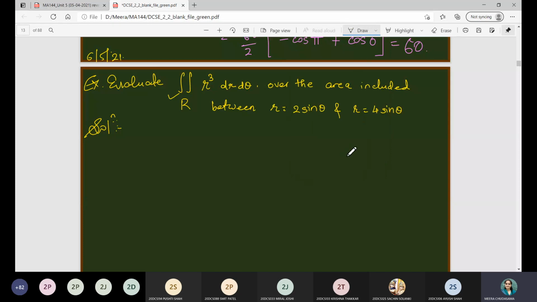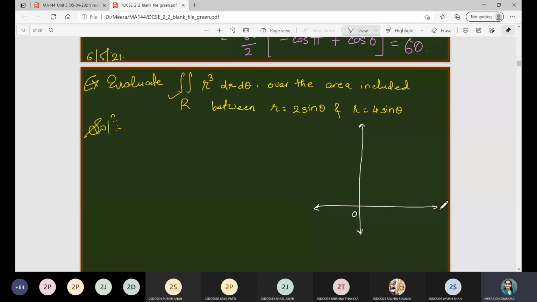As I have already told you, r equal to 2 sine theta, what will it be? Circle of radius 2? Radius 1, ma'am. One.